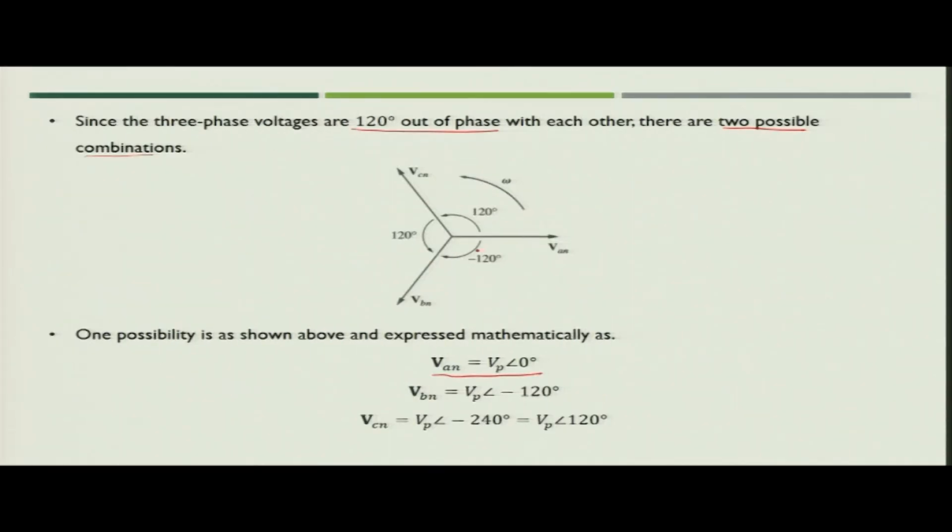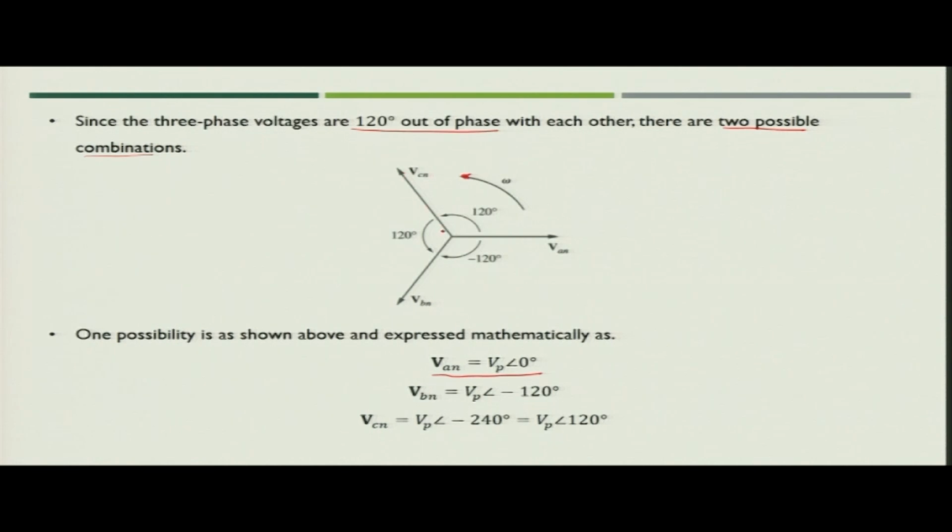Here, if you see, VA, VB, VC are arranged in the direction of the rotation of the air gap flux. The rotor and stator will create one flux which will cause the rotation of these phases.